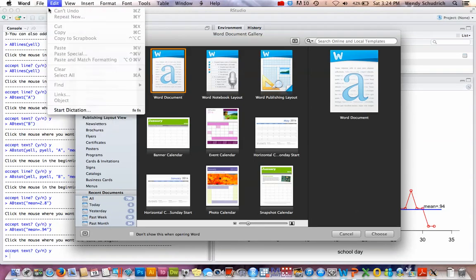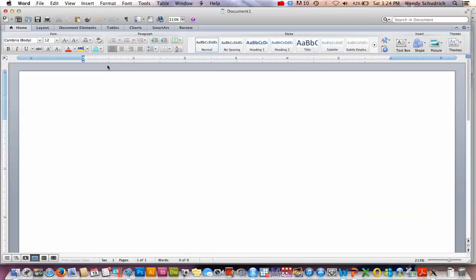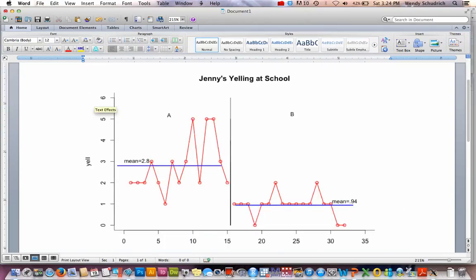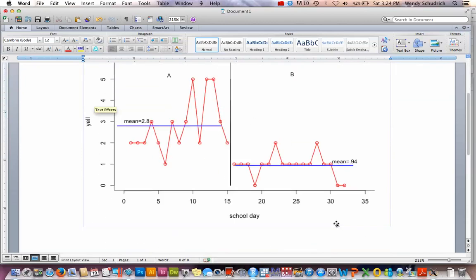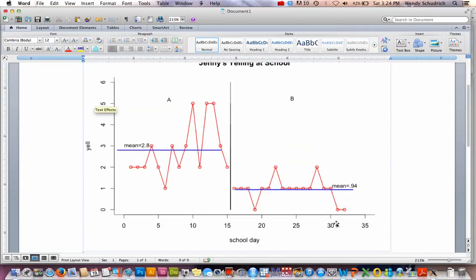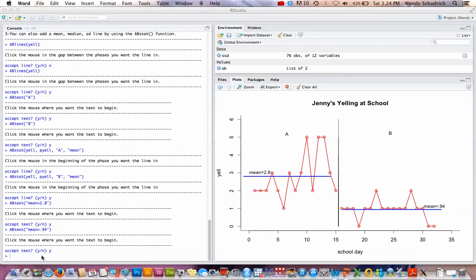And she's going to Word right now. And now it's in Word, and you'd be able to give a nice description of how well and how successful the intervention was. Now we're going to test for the same kinds of diagnostics that we used before.